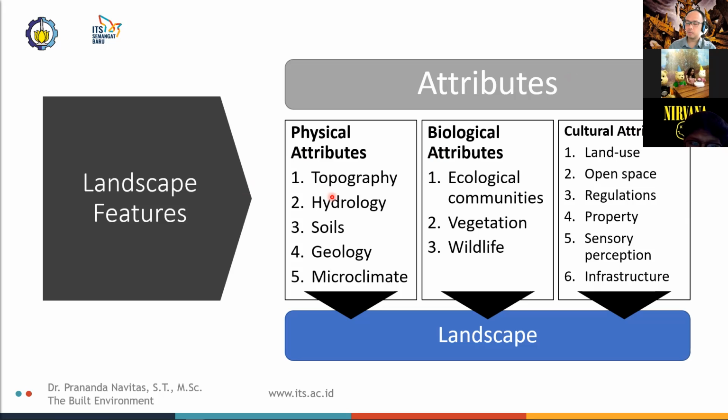Whereas cultural attributes more deal with land use, open space configurations, regulations, property, sensory perception, and infrastructure. And staying true with the scope of this unit, I'm going to focus on the cultural attributes only throughout our session.